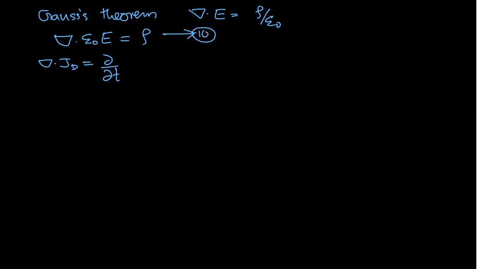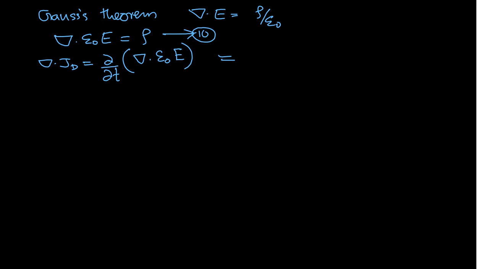Rho is equal to del dot epsilon 0 E. Del dot is a spatial derivative and dou by dou t is a function indicating time derivative. So we can interchange del dot and dou by dou t.